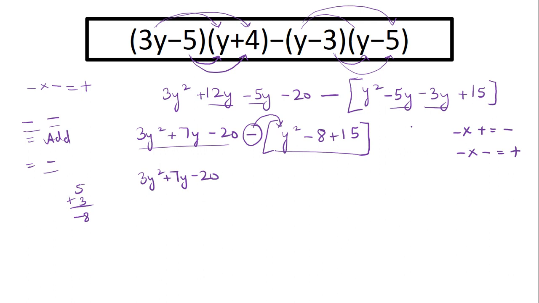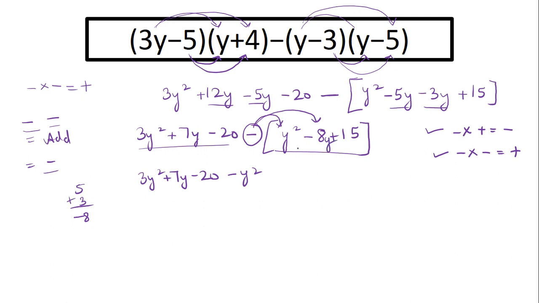So a negative times a positive gives me a negative. So my y squared turns negative. Then my negative times my negative 8. So negative times negative gives me a positive, which means I should have a... Oh, here I forgot. This is the mistake we mostly make: if there was a minus 5 and a minus 3 and it gave me minus 8, then there's also a y attached here.